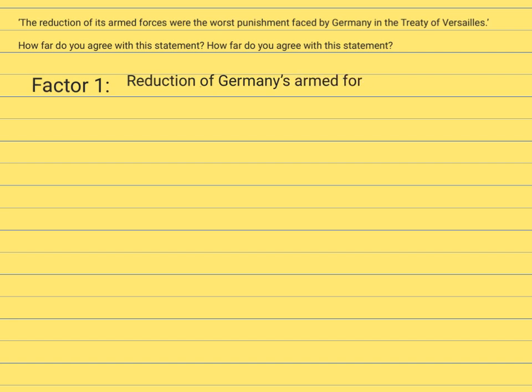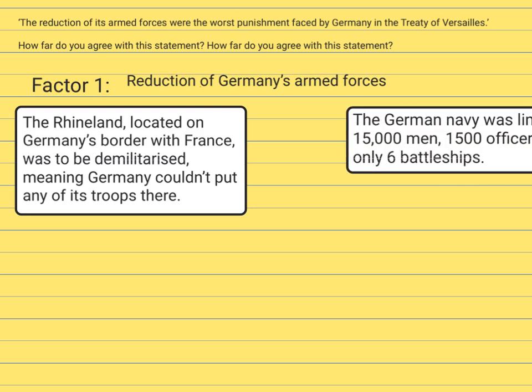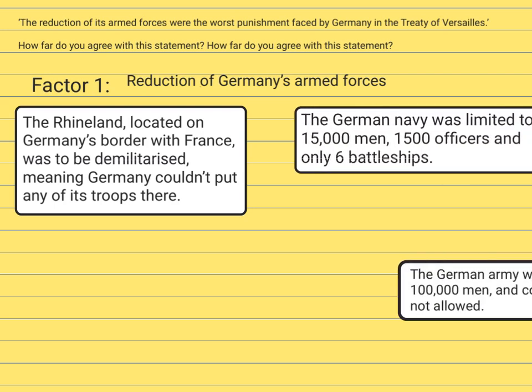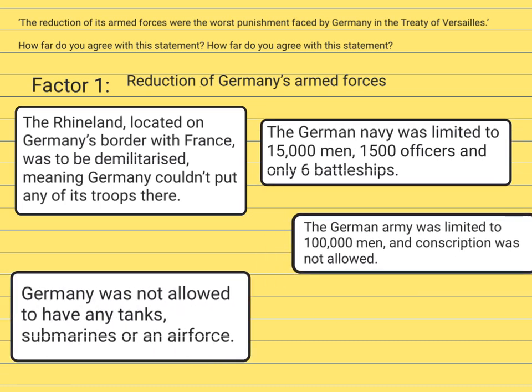So here we might discuss the demilitarisation of the Rhineland, the limits that were put on Germany's navy and its army, as well as perhaps talking about how Germany was forbidden from having any armoured vehicles, any U-boats, and even an air force. This evidence certainly helps to support the statement in the question. However, to achieve a top-level answer, we need to identify and explain other factors too.